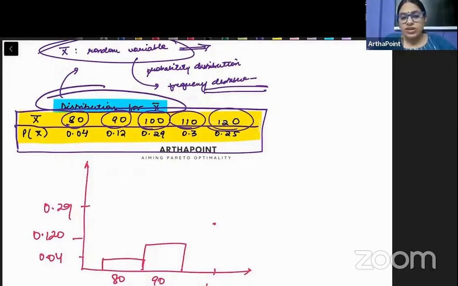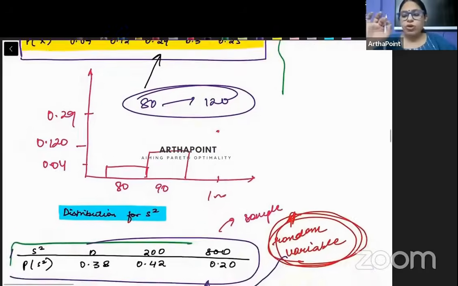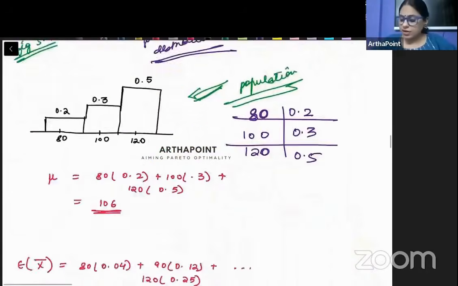So what we note in the sample is that although the population could only take the values 80, 100 or 120, in the sample the mean can be anything from 80 to 120. This is an important point to make a note of, right?